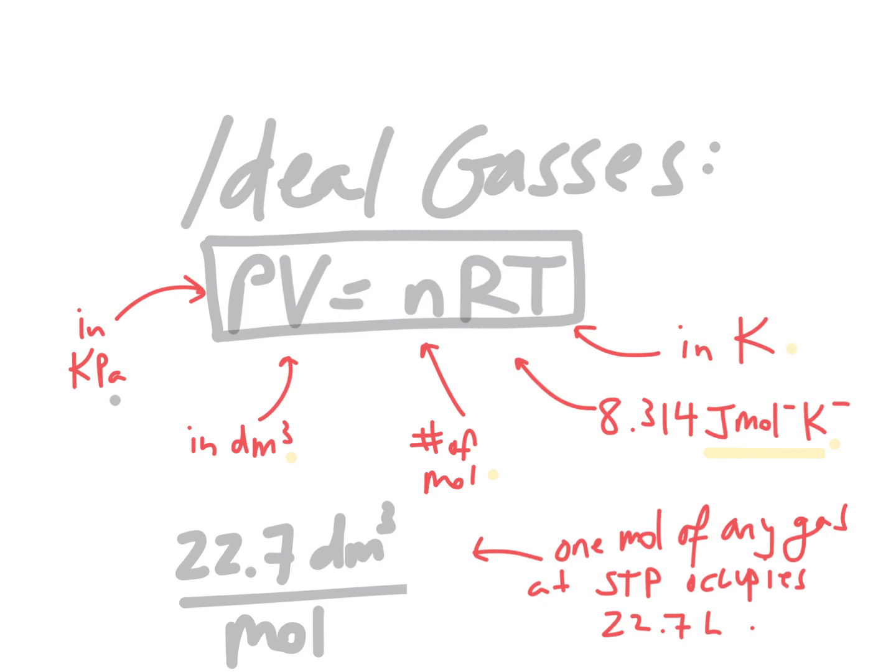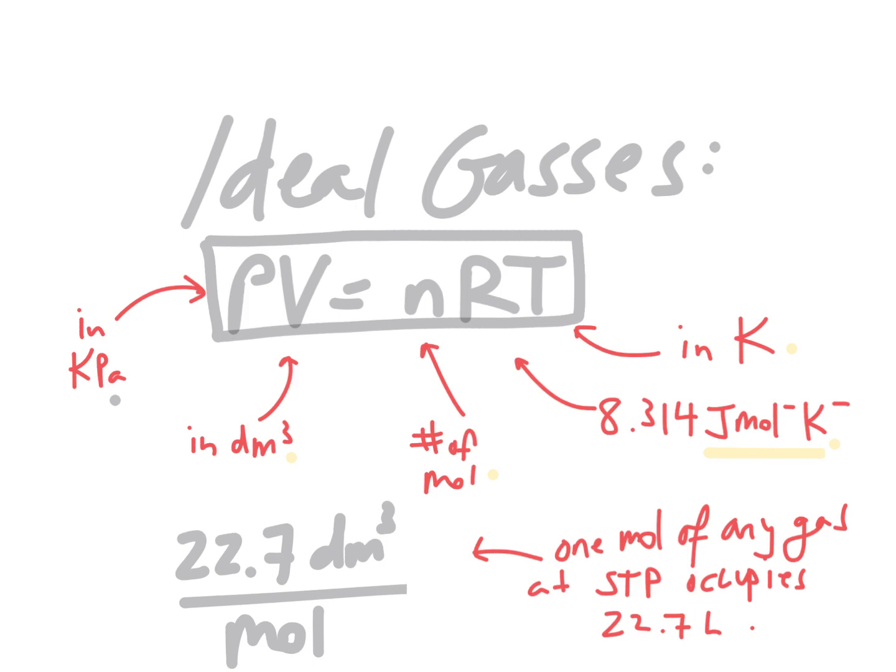And then the temperature needs to be in Kelvin. If given in Celsius, it needs to be converted to absolute temperature, Kelvin, which is the temperature in Celsius plus 273.